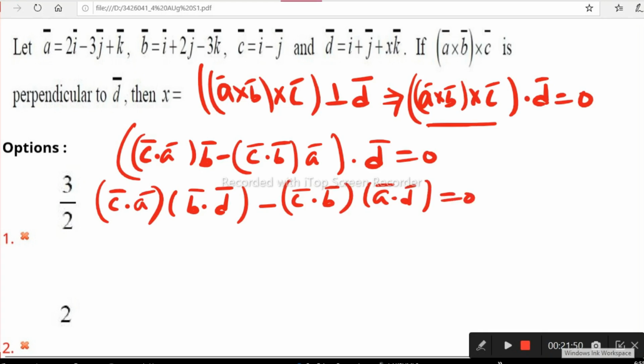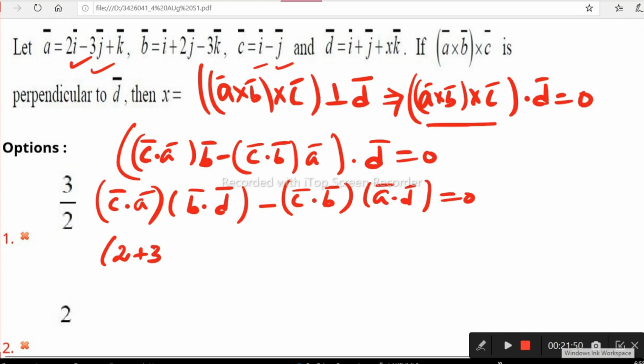C dot A, the dot product of C and A: 2 into 1 is 2, plus the j coefficients, minus 3 into minus 1 is plus 3.